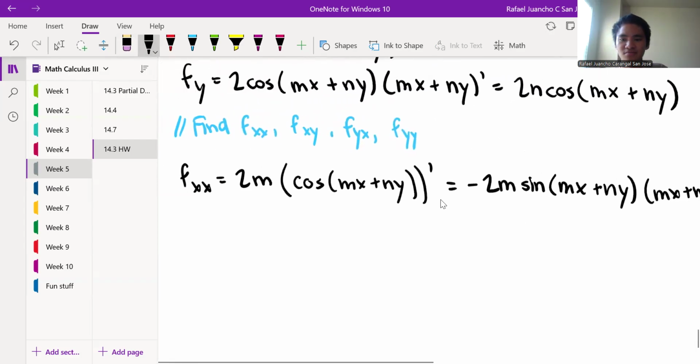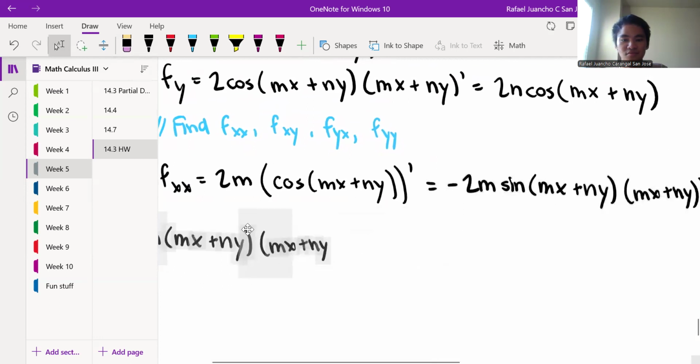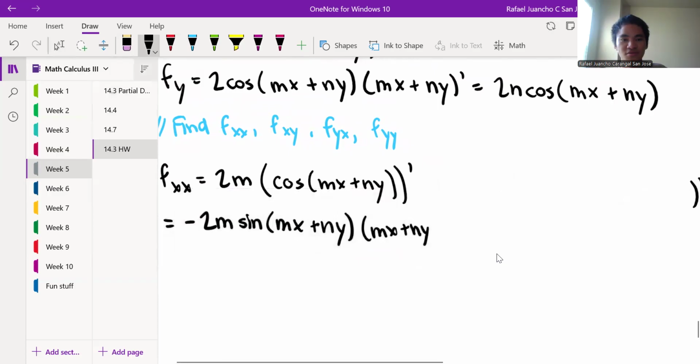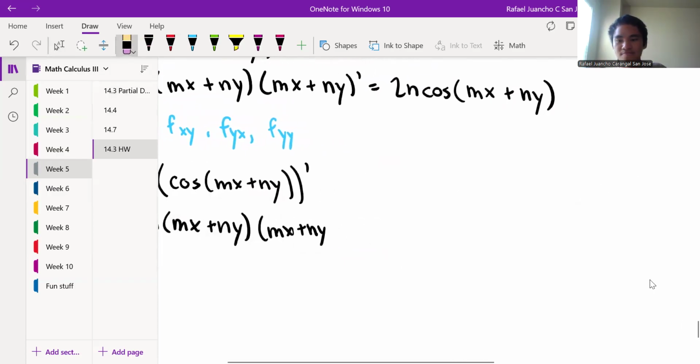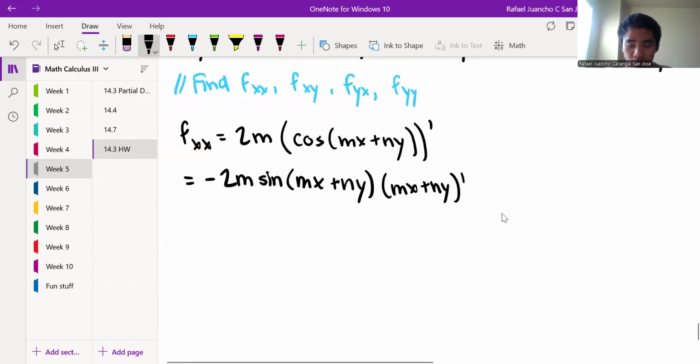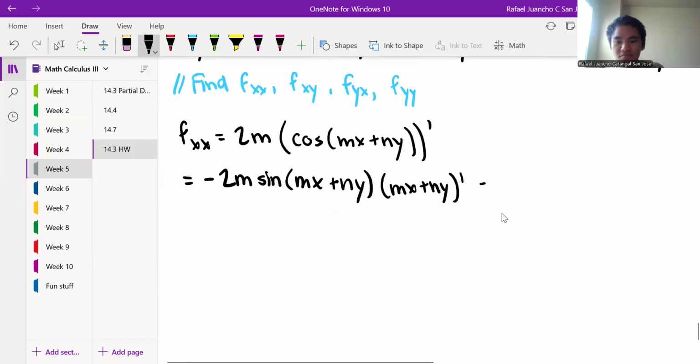Okay, this looks good. And then from here, I'm taking the partial derivative with respect to x.